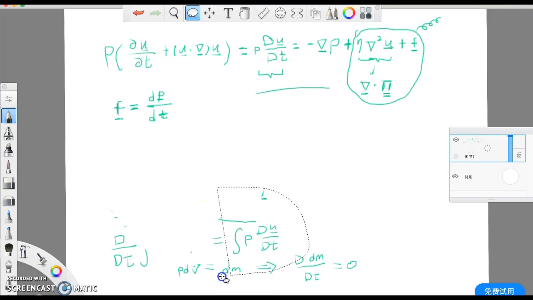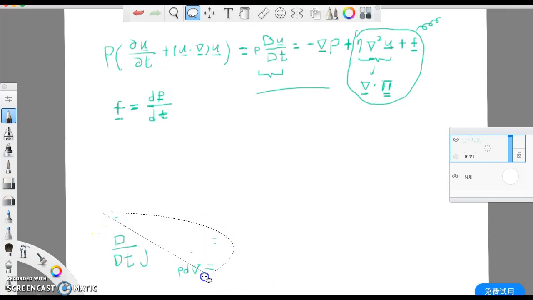The more rigorous way of doing such a question is to use a theorem called the Reynolds transport theorem, and I think that's not covered in the syllabus. If you study math, you probably will learn it, or not. I don't really know. But that's just essentially a mathematical equation. It's not something so physical that we need to worry about. But it's worth studying, and it's not something really difficult.